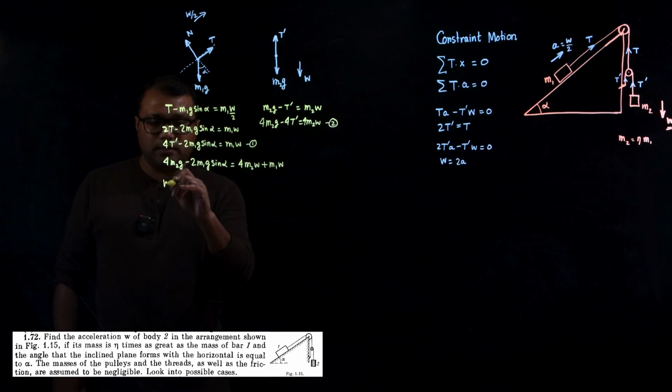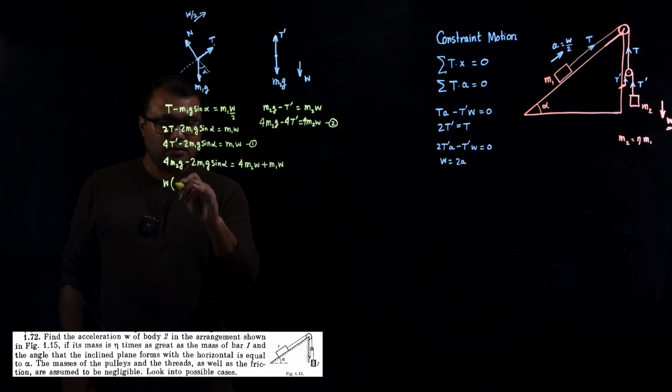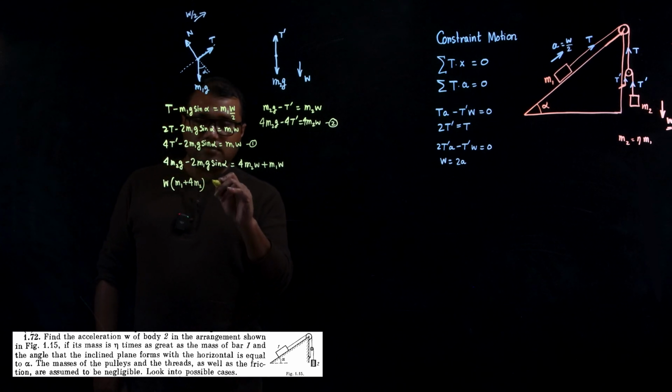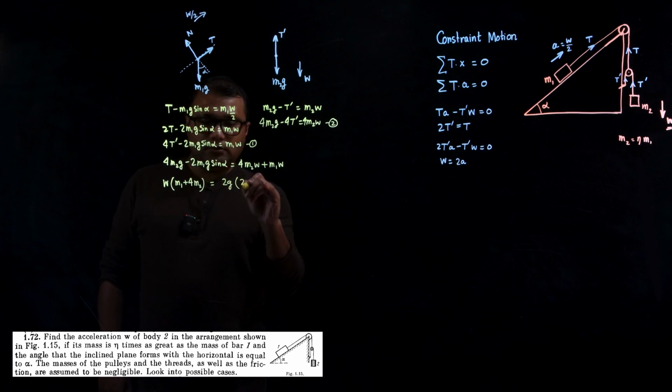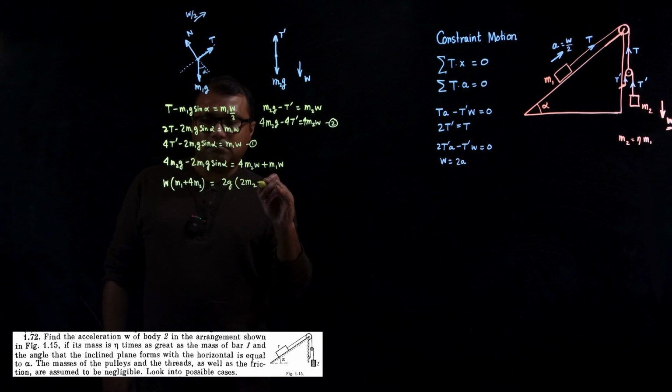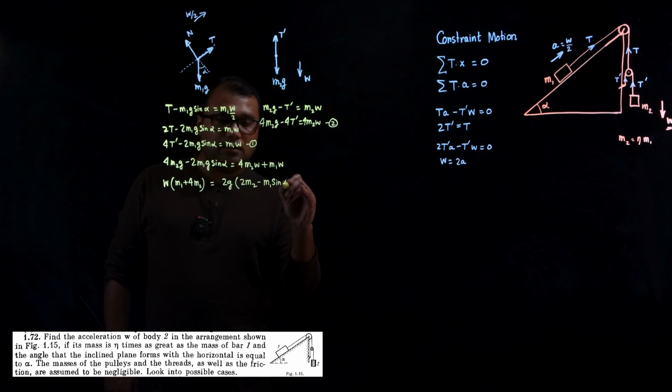Or we can write W times M1 plus 4M2 equals, taking 2G common, 2M2 minus M1 sine alpha.